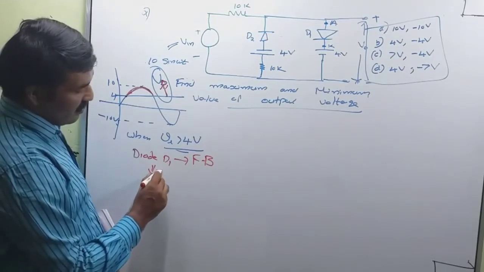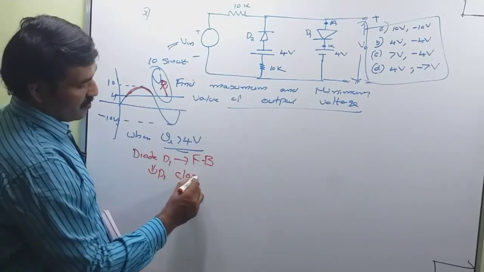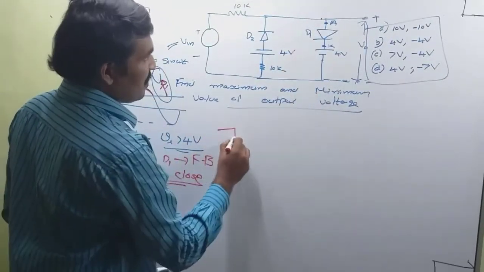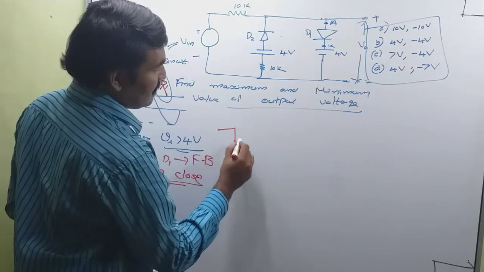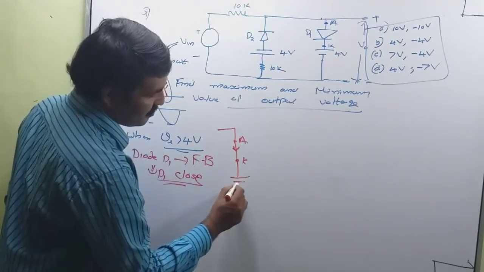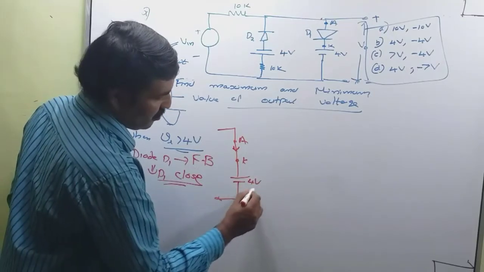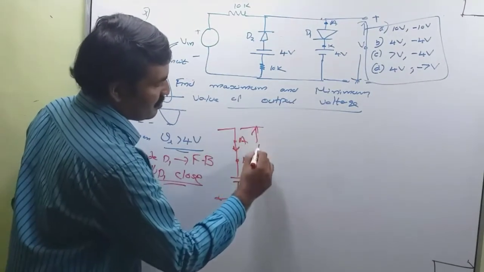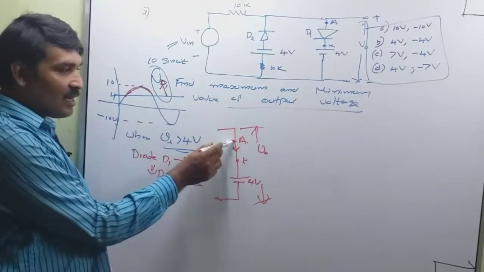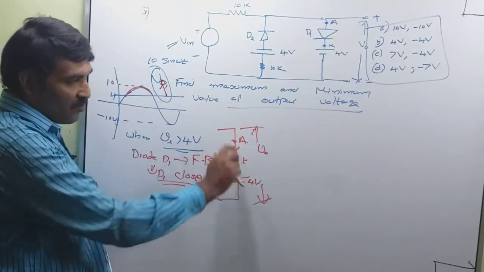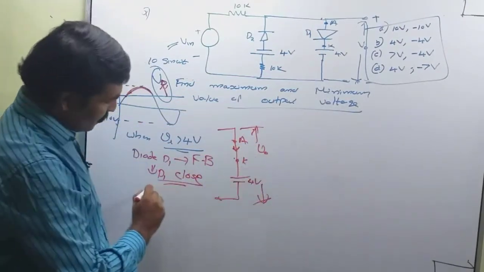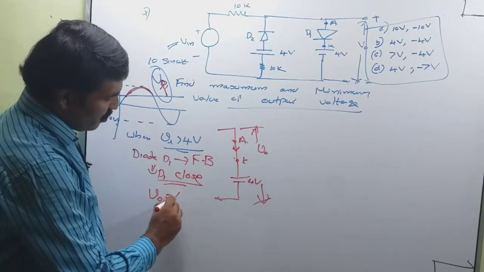So D1 is closed. The circuit looks like this, point A, K. This is closed, and this is 4 volt. So under the ideal case, the voltage across the diode is 0. So the output voltage across this element is equal to 4 volt. So V output is equal to 4 volt.